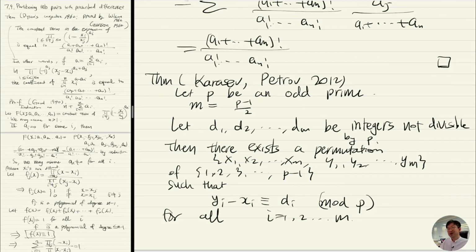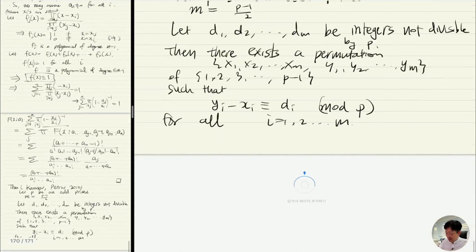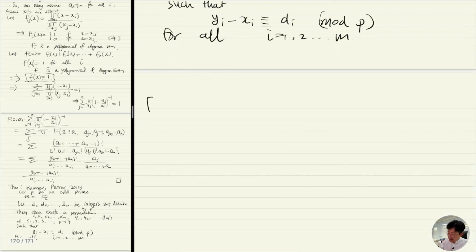Basically we want to find a pairing of these non-zero numbers so that the difference is exactly what we prescribe. All right, so that's the theorem. And here's the interesting proof using the Combinatorial Nullstellensatz.